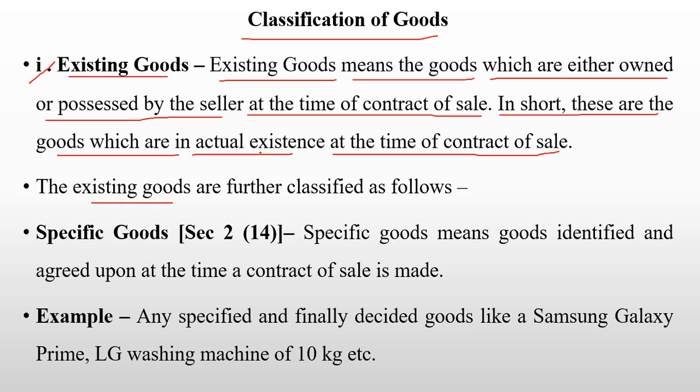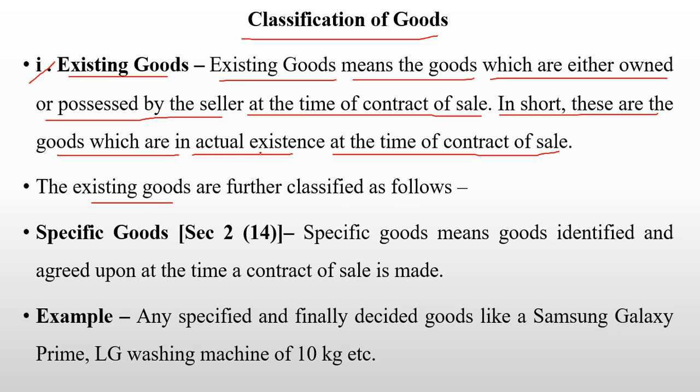The seller is going to sell a car to the buyer, and the buyer is going to purchase that car from the seller. When the seller sells the car, at that time the car is actually present and the seller has the car with himself. That is called existing goods.